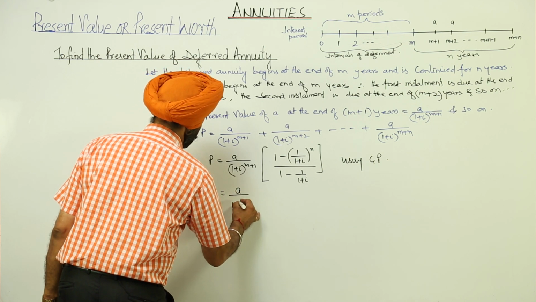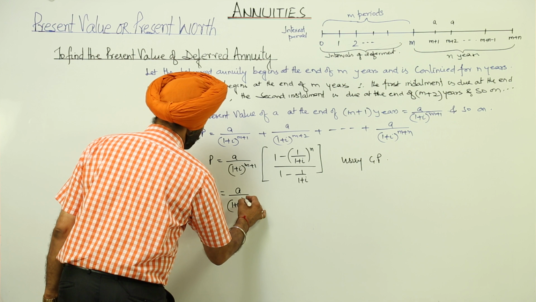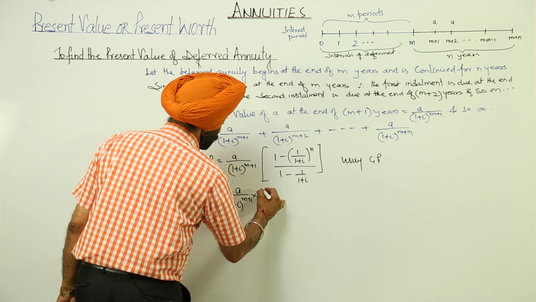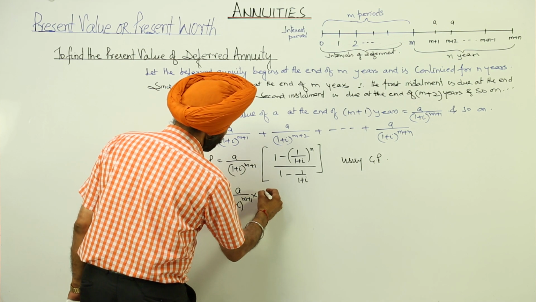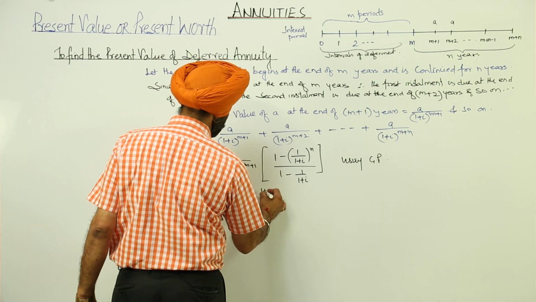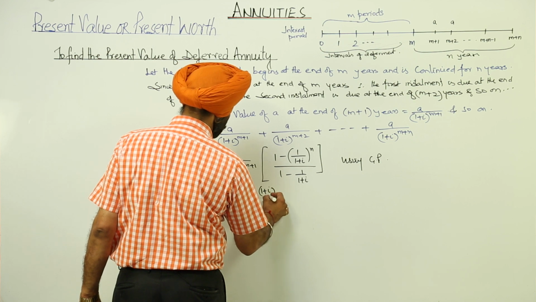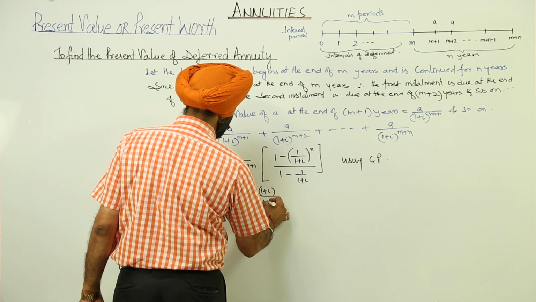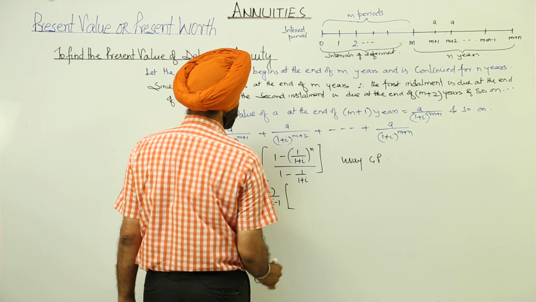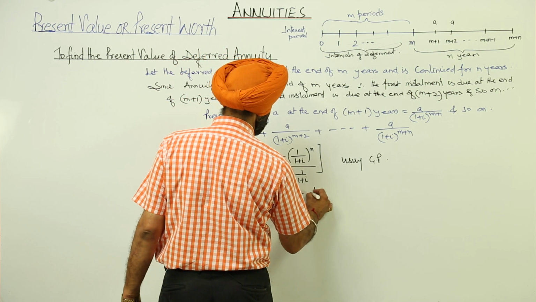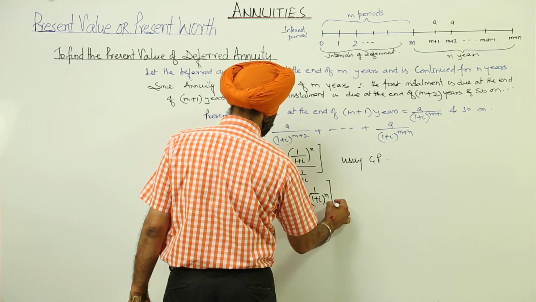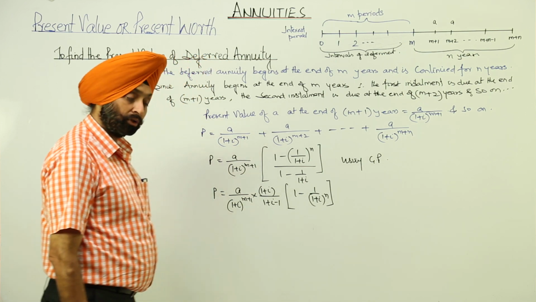Now the denominator becomes, 1 plus I goes upside, so it is 1 plus I minus 1 upon 1 plus I, and the numerator is 1 minus (1 upon 1 plus I) raised to power n. Okay.